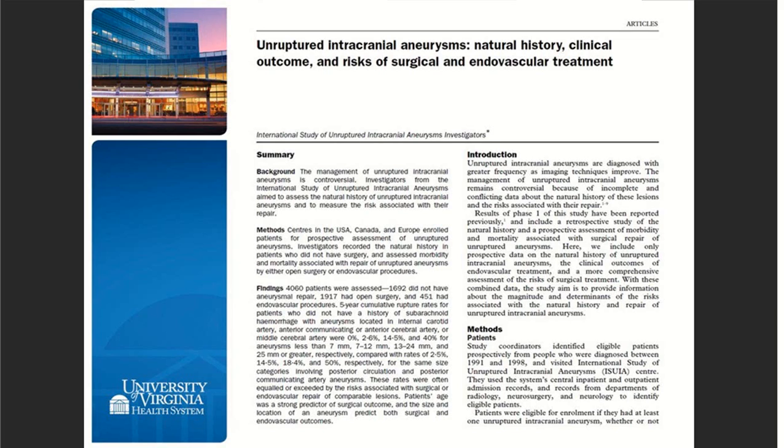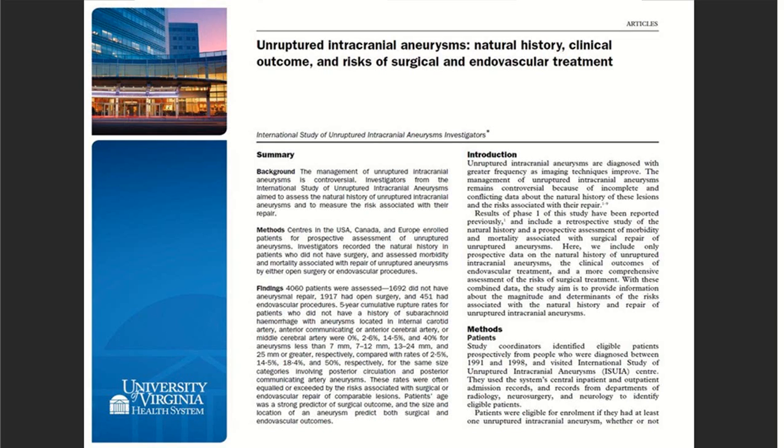So based upon this heavy pre-selection of aneurysms, can you apply the natural history data that we have in the literature to that posterior communicating artery aneurysm, which looks significantly different than the ICA terminus? That is a fundamental problem that we have that has not been answered in a rigorous scientific manner.